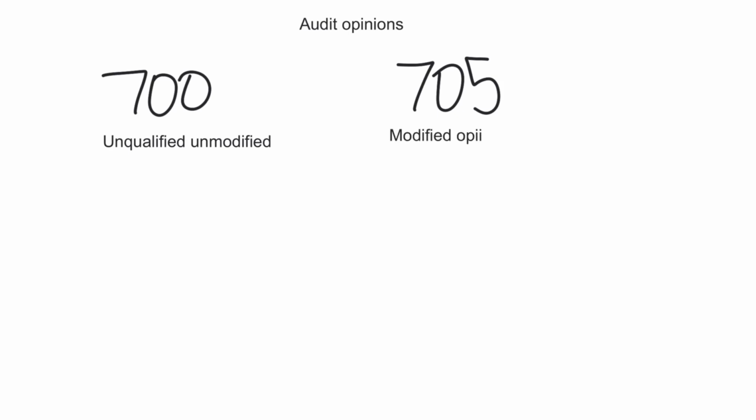There's a couple of different types depending on the severity of the instance you're looking at. Remember, there are two types. You could have a disagreement with management, which is about a number or a disclosure, or you could have a limitation of scope, which is an inability to get sufficient appropriate audit evidence.